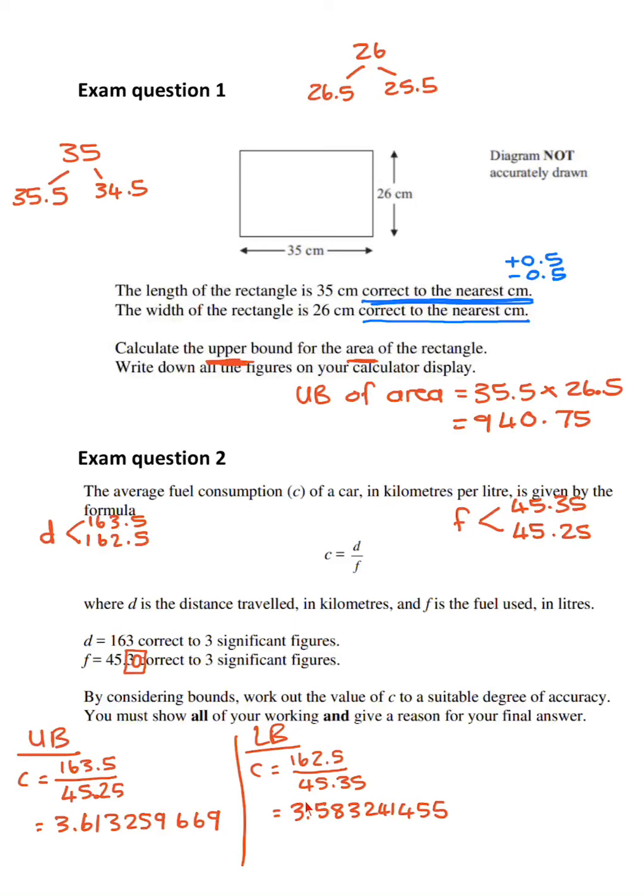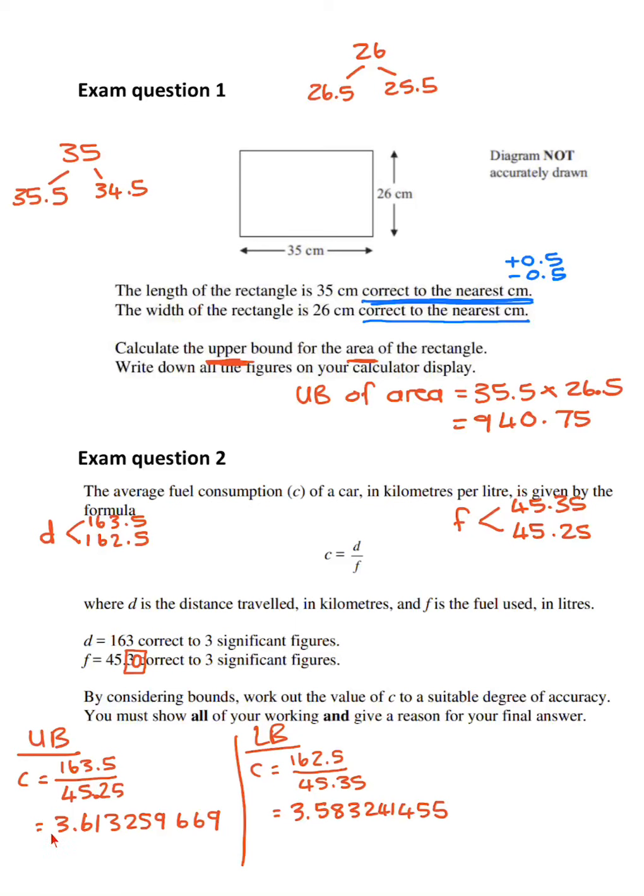But can I perhaps go a little bit more accurate? Let's try and round to one decimal place. If I round this to one decimal place, I'll get 3.6. If I round that to one decimal place, I would also get 3.6. So that could be my answer. Let's see if we can go even more accurate and round to 2 decimal places.